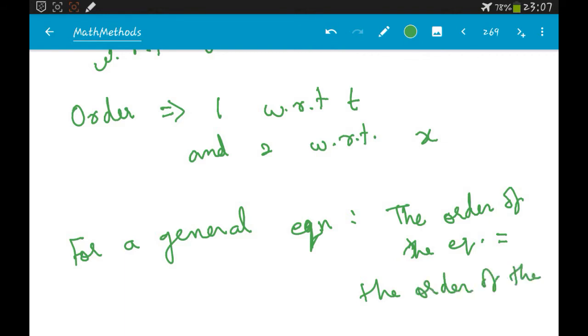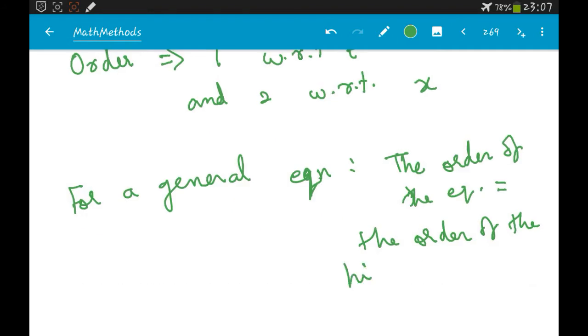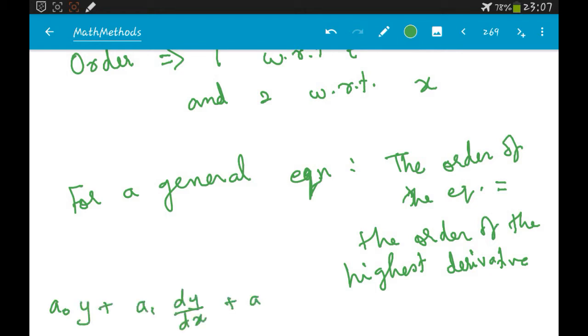So for a general equation which is a0 y plus a1 dy by dx plus a2 d2y by dx square plus and so on plus an d n y by dx power n is 0, the order for this equation is n.